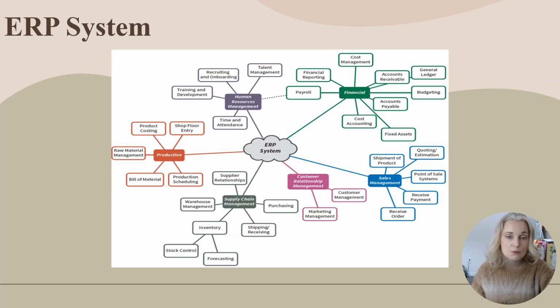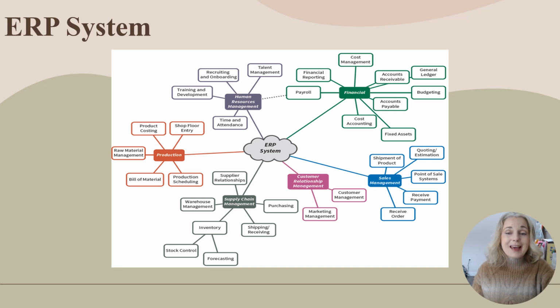Here's a visual example of an ERP system with the links to the various modules. We have our customer relationship module that looks at marketing management, customer relationship management. We have our sales module that looks at shipment of products, quotation of prices, point of sale systems, receipt systems, and order systems.